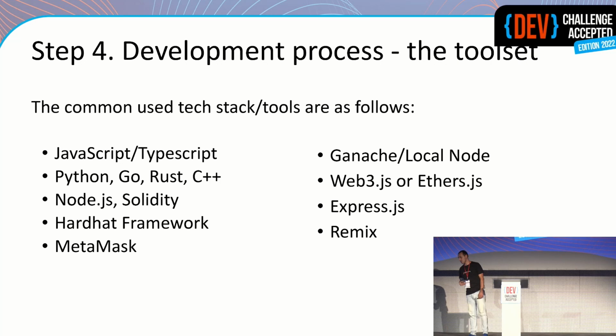Those are Ganache and local nodes. Web3.js or Ethers.js. Those are the two known libraries that the JavaScript community uses the most. And then Express as a backend framework for analytics and user operations data if you need it. And Remix for fast, reliable testing.